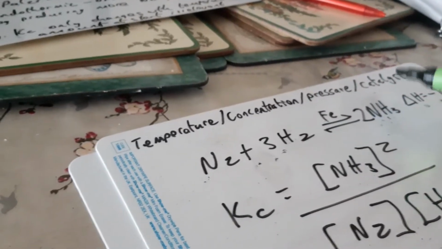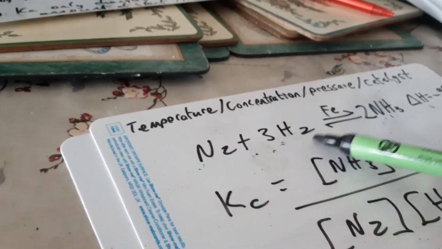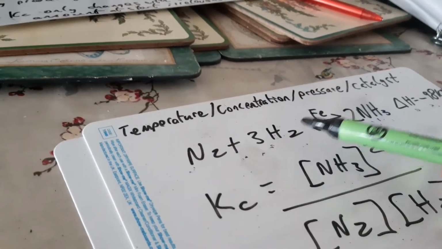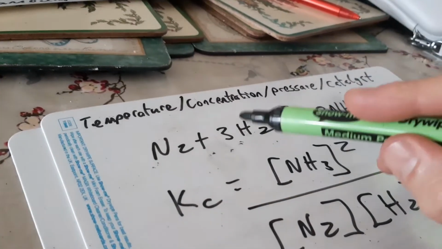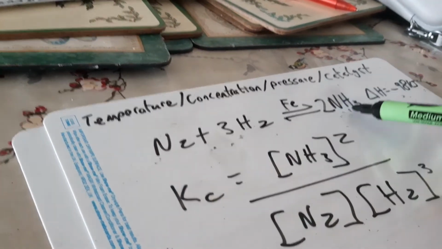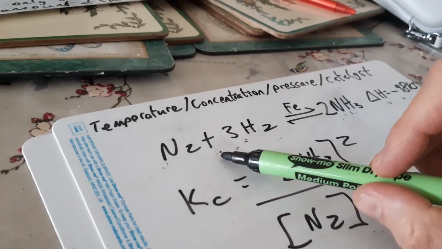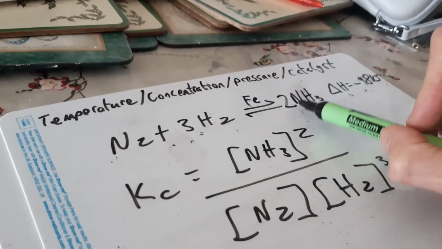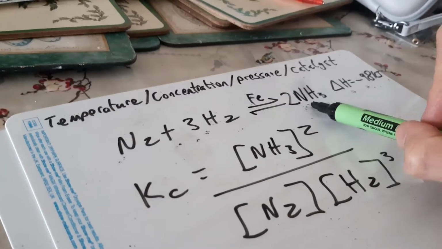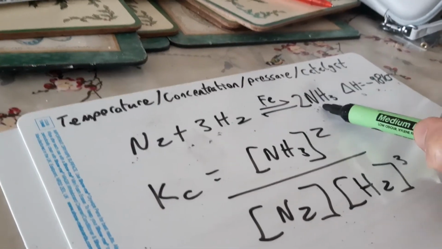Okay? So if you were to increase the pressure on this system, so imagine you've got a big factory container vessel thing, right? And you increase the pressure on it. The system will try and offset that change, according to Le Chatelier, by reducing the pressure. So it will produce more of the side with fewer moles of gas, because obviously fewer moles of gas have less pressure, don't they? The less gas there is, the less pressure.